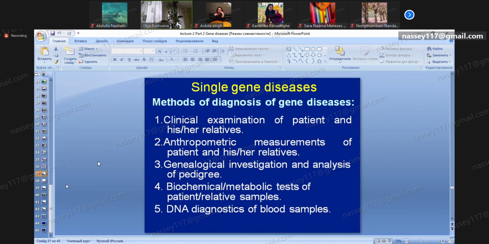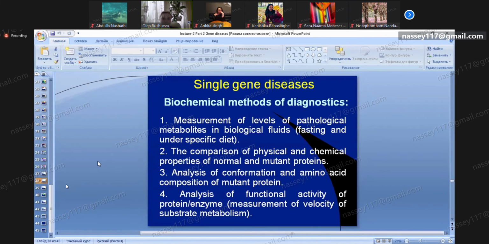We know that molecular genetic methods allow us to detect any type of mutation in a patient with a singleton disorder, as it's most effective and can help us to detect the type of mutation.